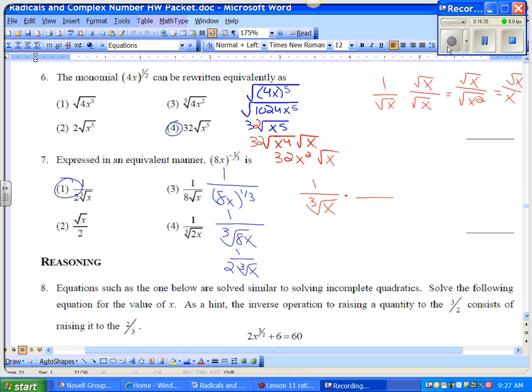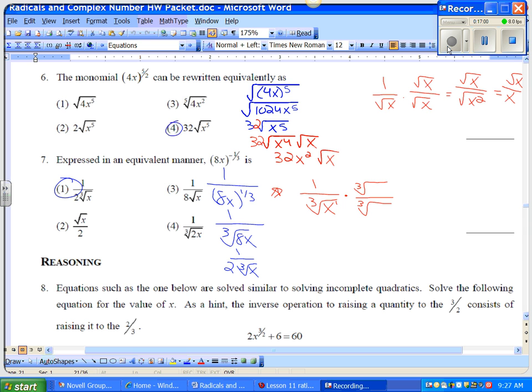What would I have to multiply x by to make it a perfect cube? I didn't lose a 2. This is just a side note. Not quite. Remember, when I multiply variables, what do I do with their exponents? I add them. So what would I have to the cube root of something?